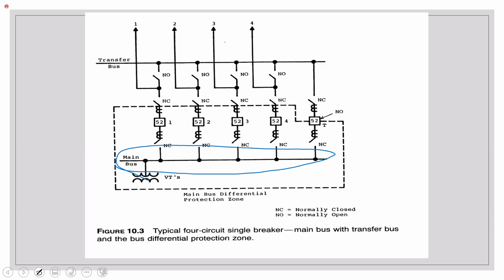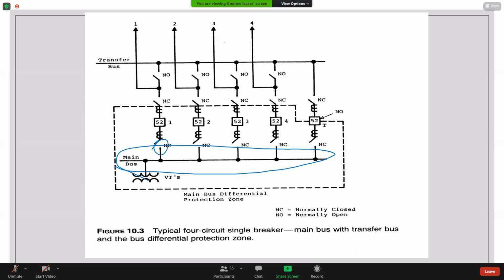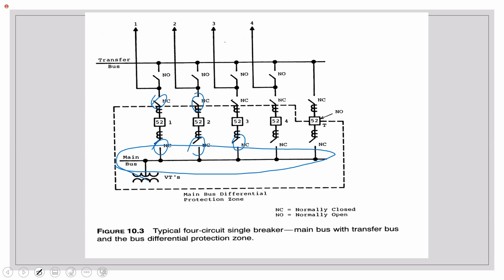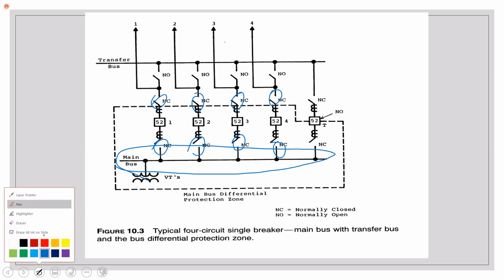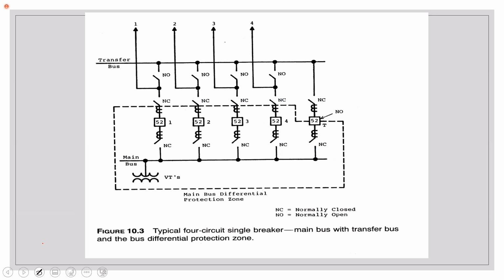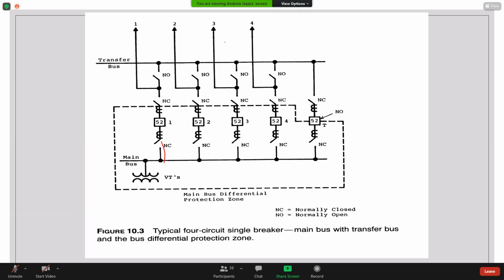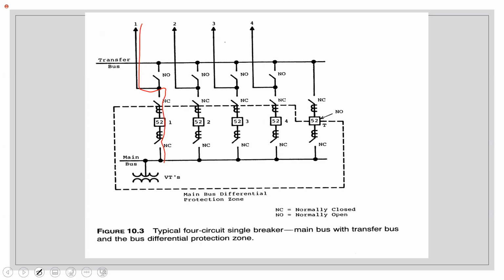Under normal conditions, these switches are closed. So those will be closed, and it means that we'd have supply. Let's say circuit 1 from my main bus would have it there. For this one, and then for this one, okay?